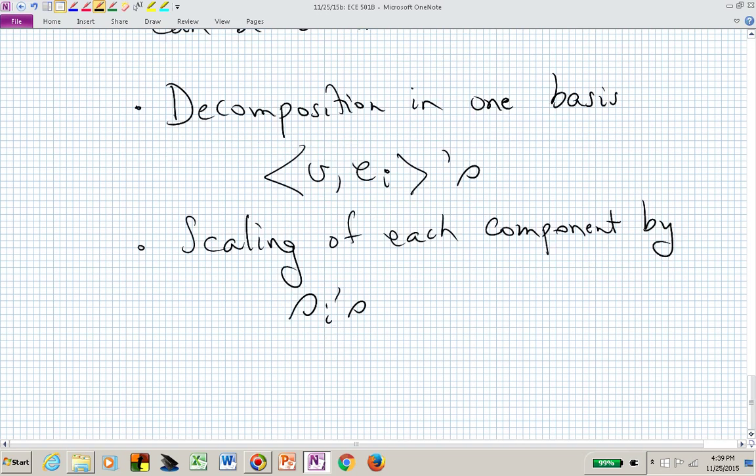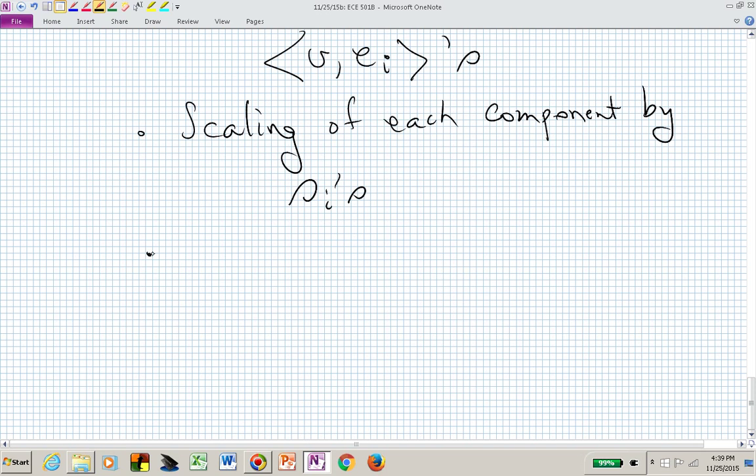by these S sub i's, and then actually do a recomposition, or use these weightings, S sub i times this inner product of V with E sub i, along this other basis set of F's.